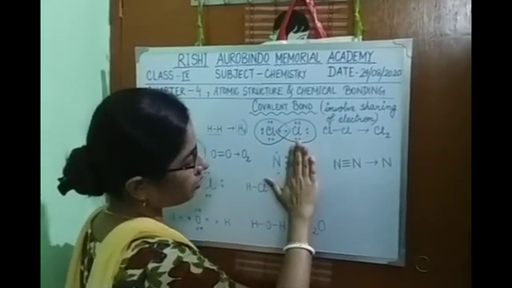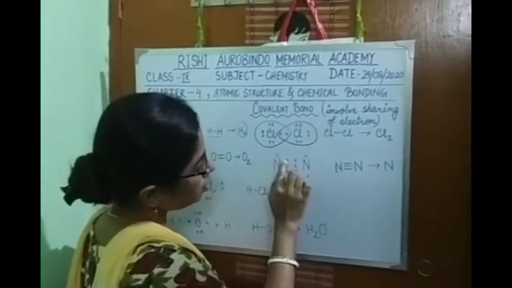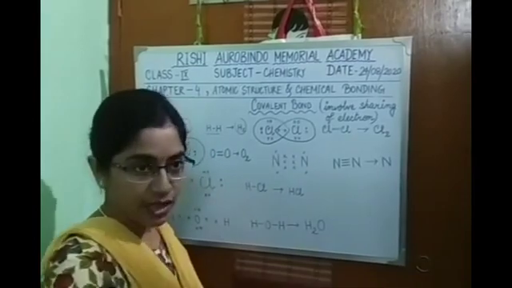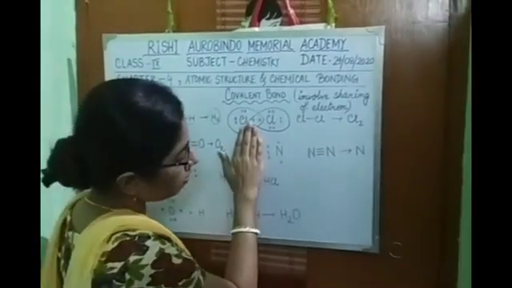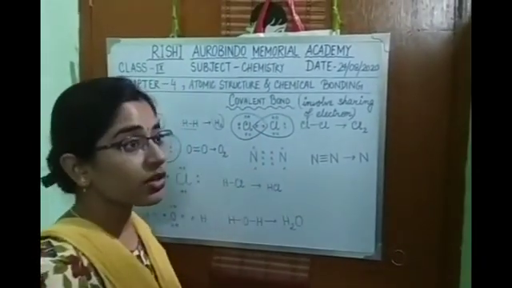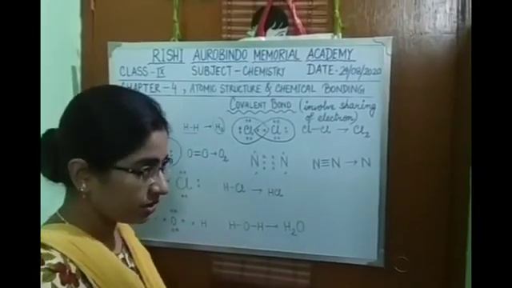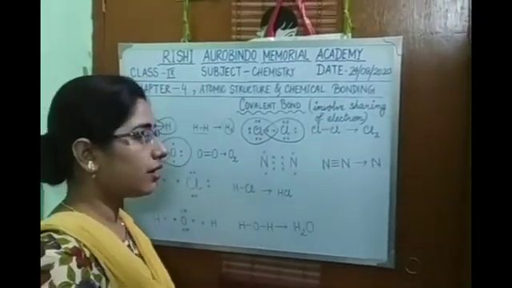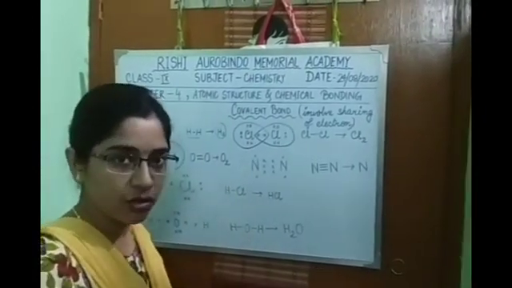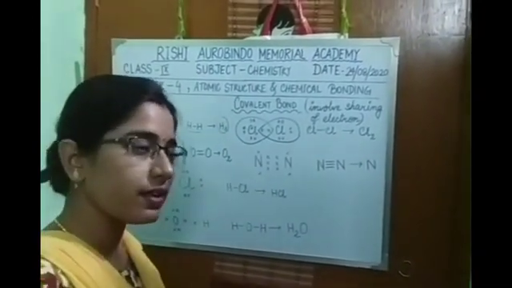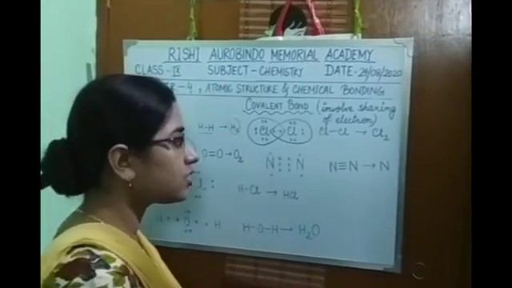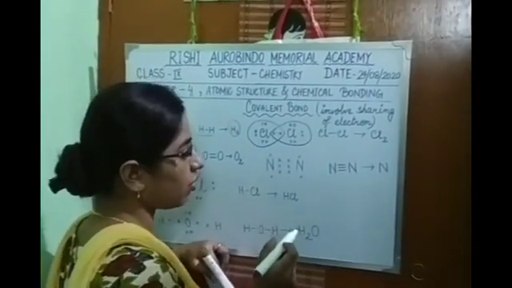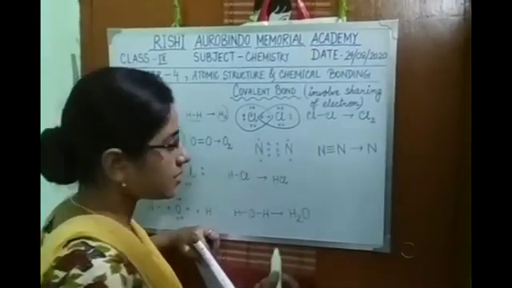So the first atom of nitrogen has 1, 2, 3, 4, 5, and this one also has 5. If it gets 3 electrons more, then it will have 8 electrons in its outermost shell and it will attain the octet formation or stable formation of the nearest noble gas.